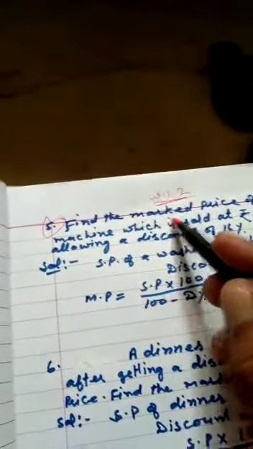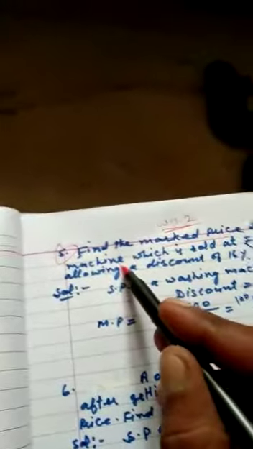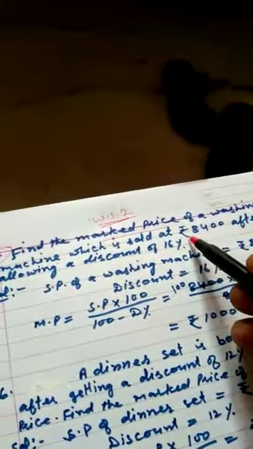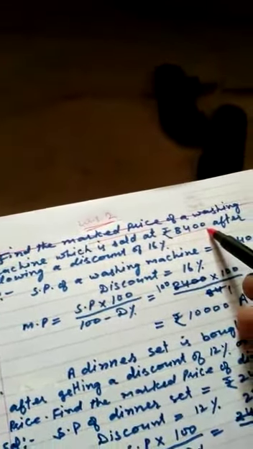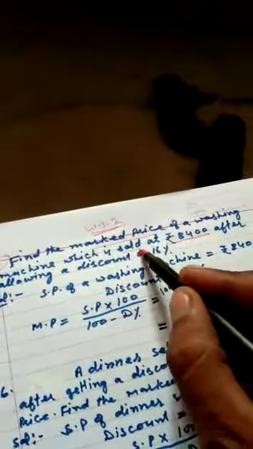Now come to question number 5 of this worksheet. Find the marked price. What is to be found? Marked price of a washing machine which is sold at rupees 8400. What is 8400? This is the selling price after allowing a discount of 16%.